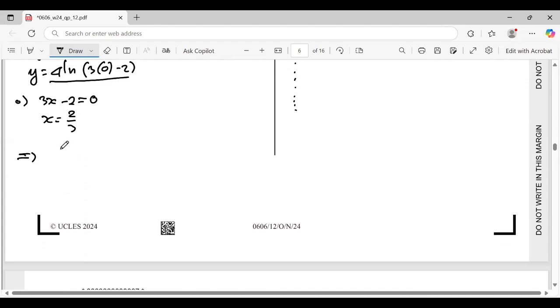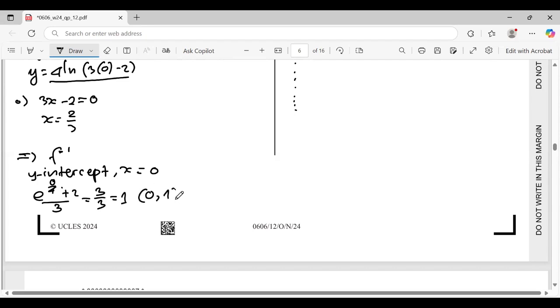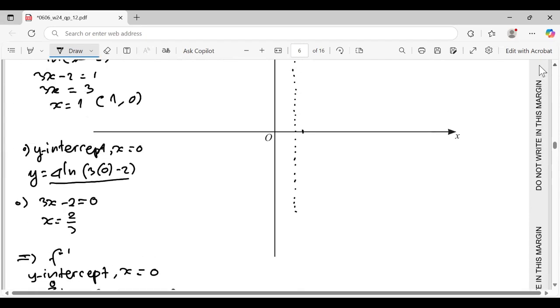And after that, for the graph of f inverse, I would like to find the y-intercept. Set x equals 0. It becomes (e to the power 0 plus 2) over 3, which is 3 over 3, which is 1. So the coordinate point is (0, 1). There is another point, (1, 0).